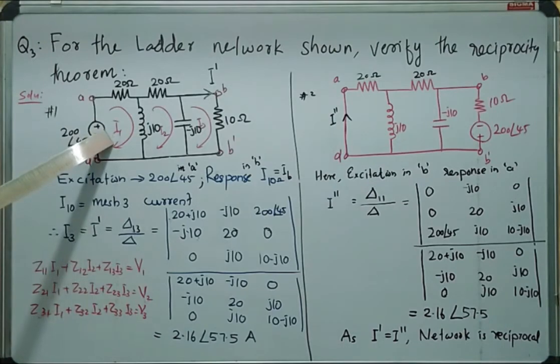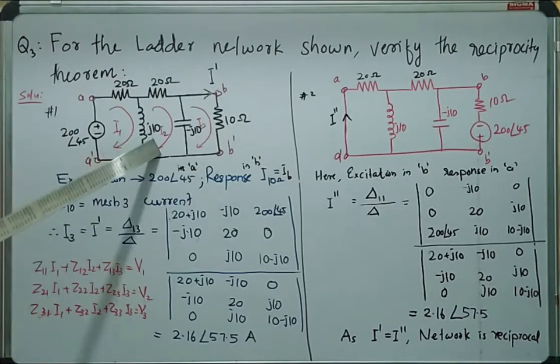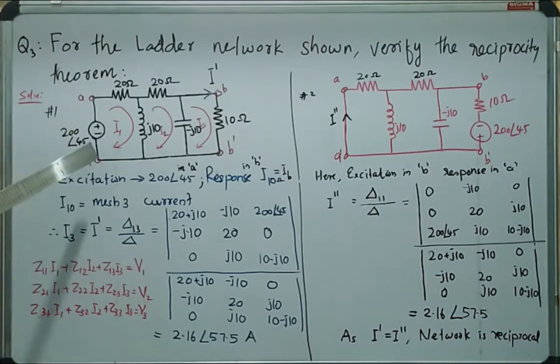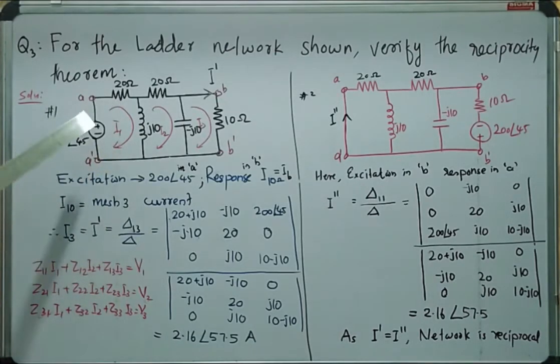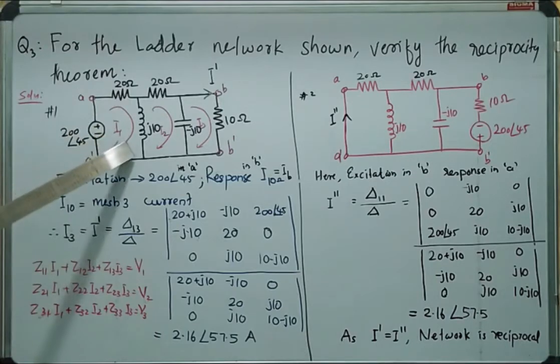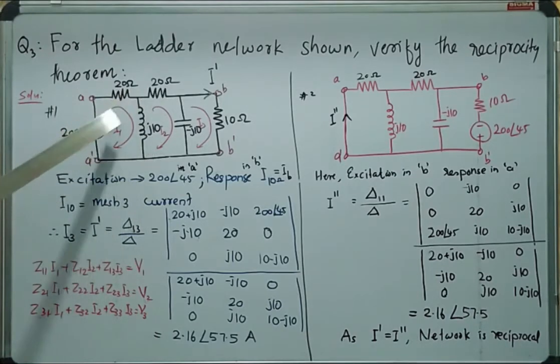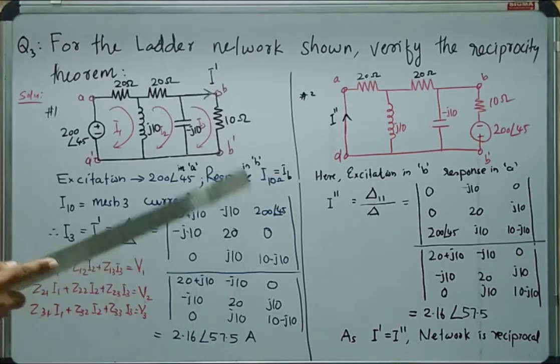If the I2 direction is opposite to the I1 direction, we take the sign for J10 as negative. In this case, we are considering mesh 1, therefore I1 is taken as positive. I2 is opposite. I1 is going down, I2 is going up. I1 and I2 are opposite. Therefore, this value is minus J10.